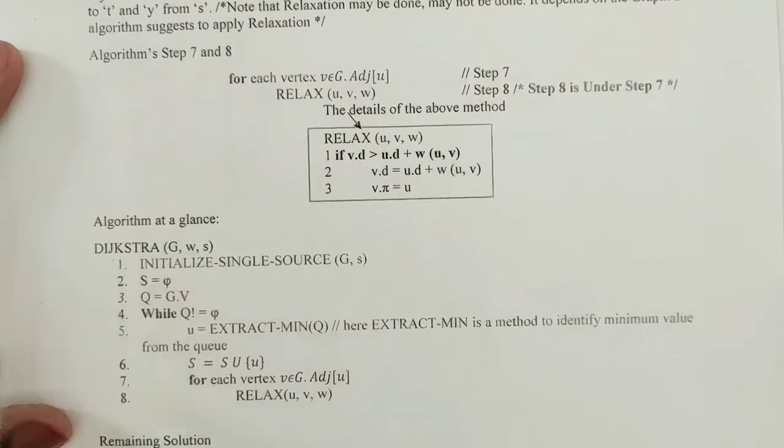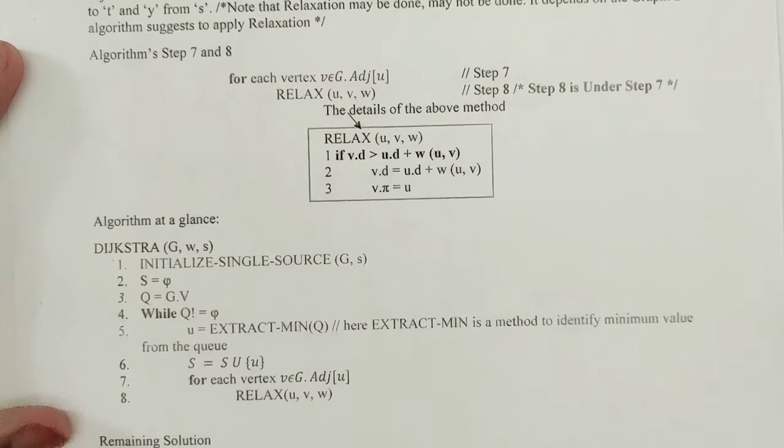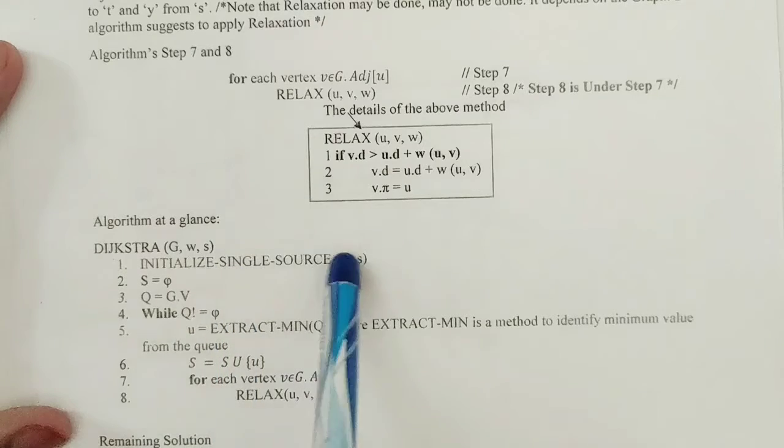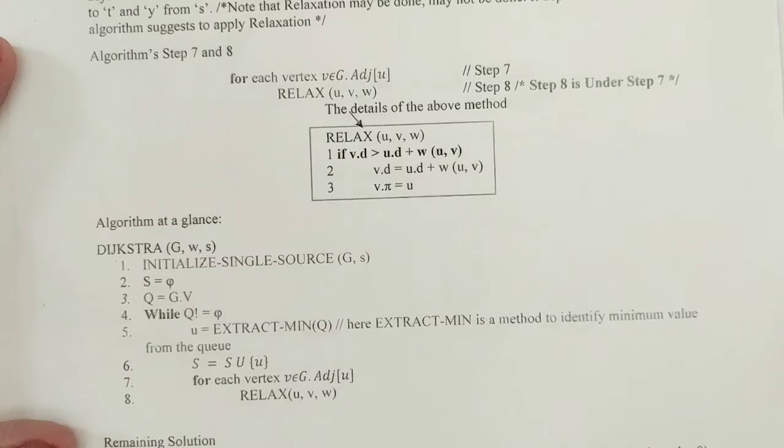Dijkstra is the name of the method. G is the graph, that is a weighted directed graph without negative edge weight. W is the weight function and S is the source vertex. As per the convention, you have to apply the initialization method at first. The initialization method says there are 2 important parameters dealing with Dijkstra algorithm.